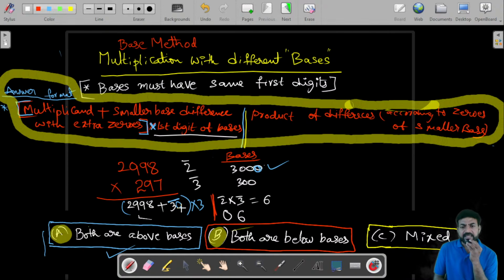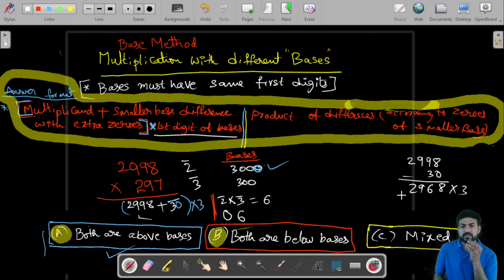2998 minus 30. When you are adding one positive number and one negative number, that becomes subtraction. 2998 minus 30: 8, 9 minus 3 is 6, 9, 2. Simple subtraction.